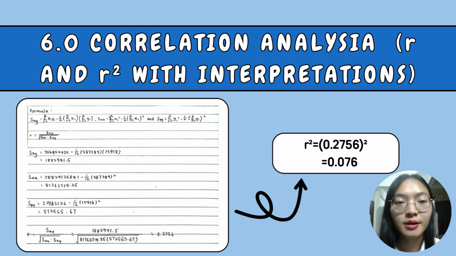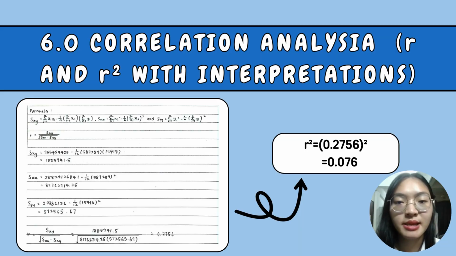Next, we calculate R squared, which is the square of the correlation coefficient. R squared equals 0.2756 squared. This gives us 0.076, or 7.6%.